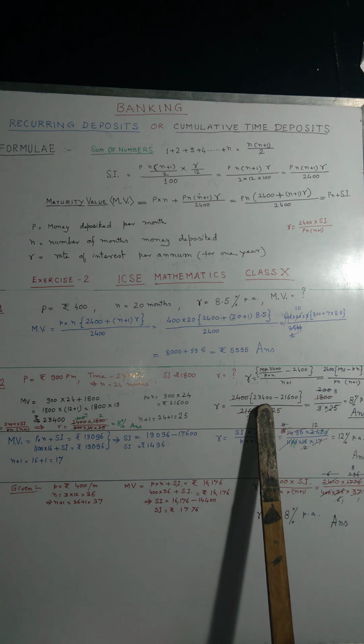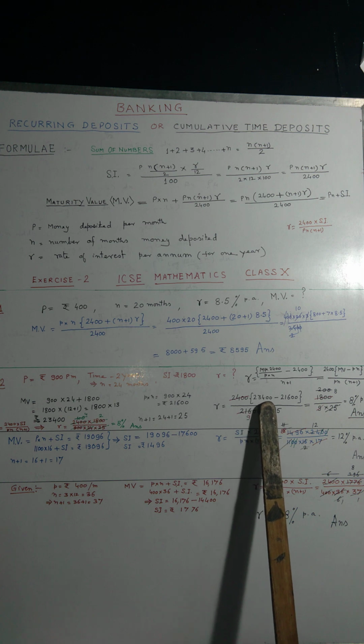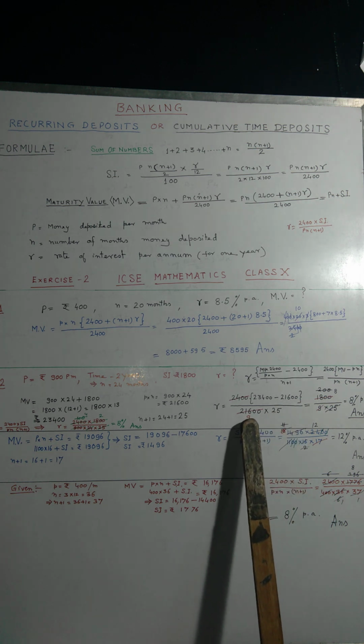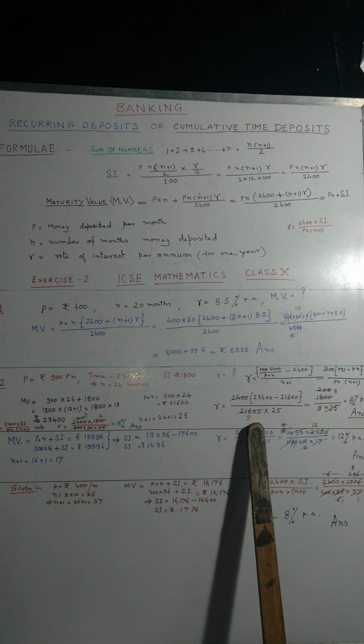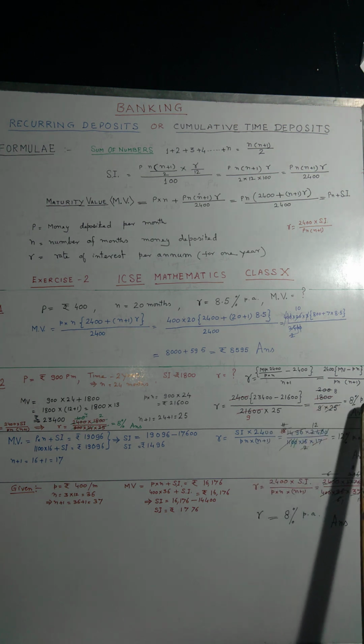Inside the bracket we write the maturity value, 23,400 minus 21,600, whole divided by 21,600 into 25. We will get the answer 8%.